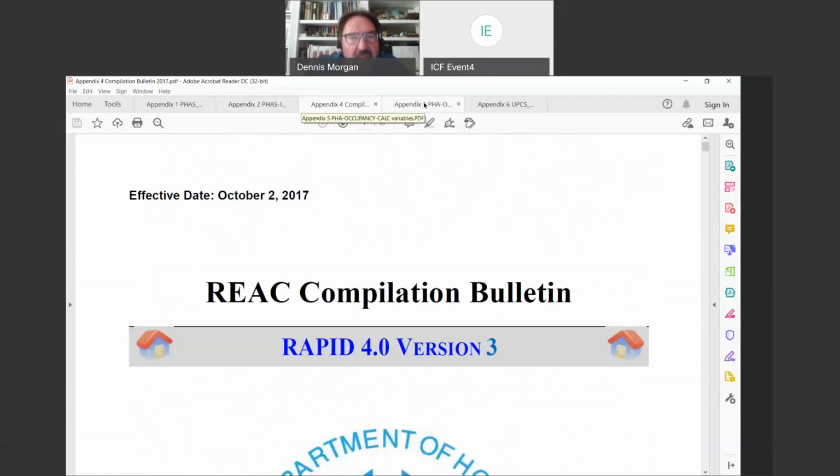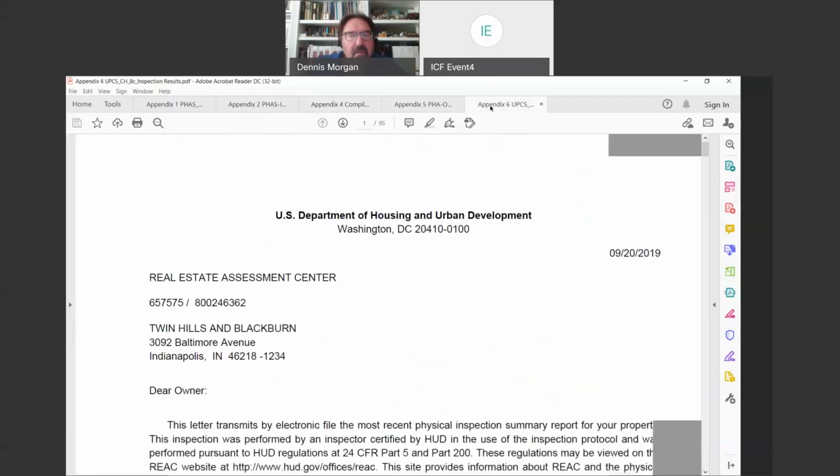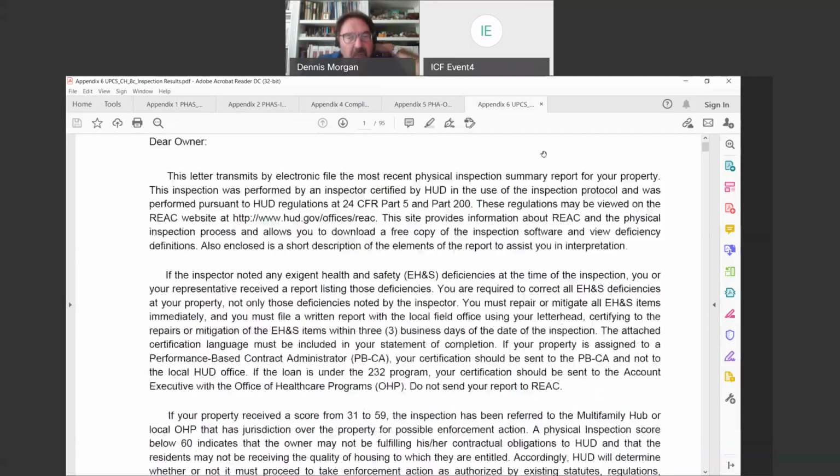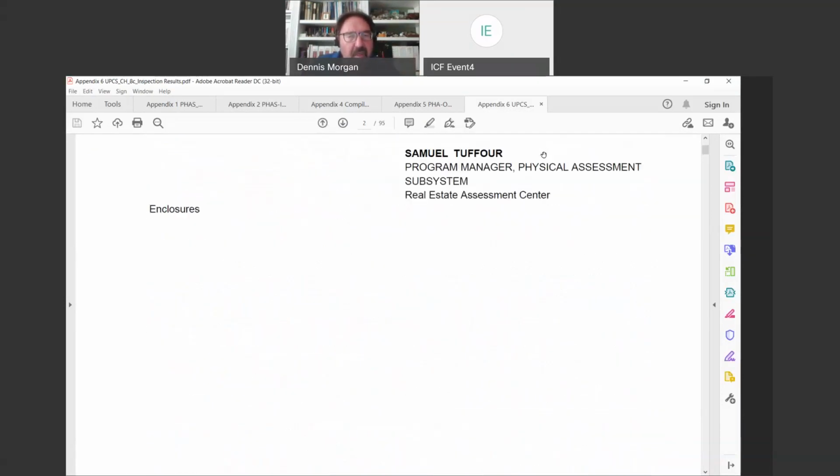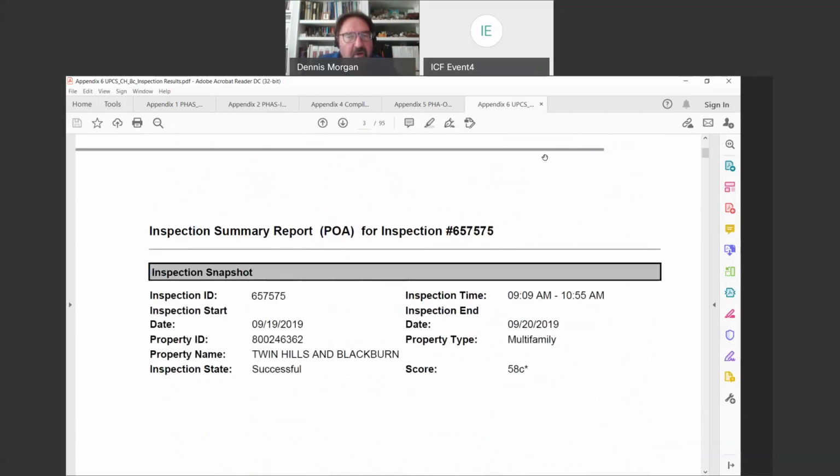Within the inspection protocol, we also have our inspection reports. This inspection report is the foundation of what they found at the property. For example, this is a report that's going to be posted out on the site.